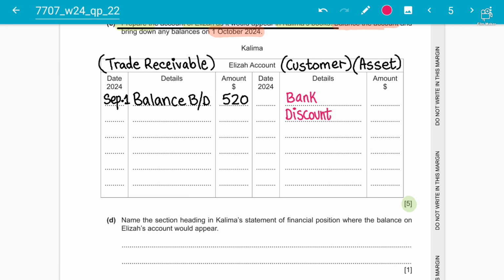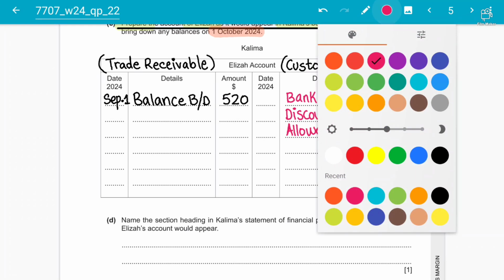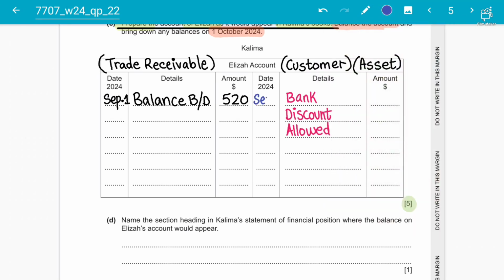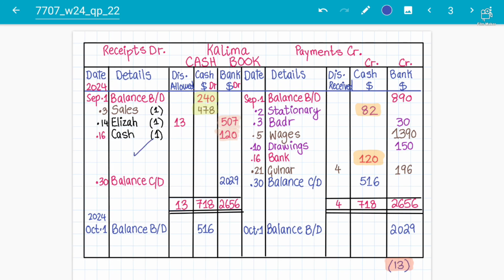Students need to understand how these things work: the bank account and the discount allowed, because it's an expense, were debited on the date you have to put, which is September 14th. On September 14th, Alize made the payment, so we received it.